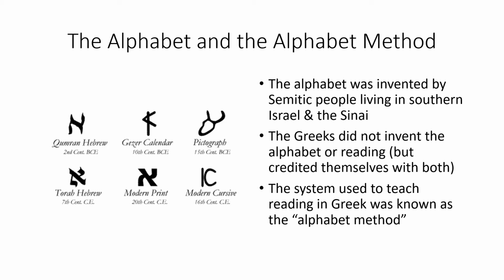I suspect that the system was invented by the same people who invented the alphabet, but I can't prove it. There's no documentation for that. So we can only say that the Greeks were the first to document how this was done and that it was used to teach Greek in ancient times.